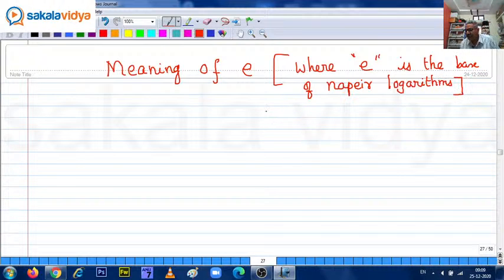Napier is the mathematician who first introduced logarithms. So now let us discuss the meaning of e.